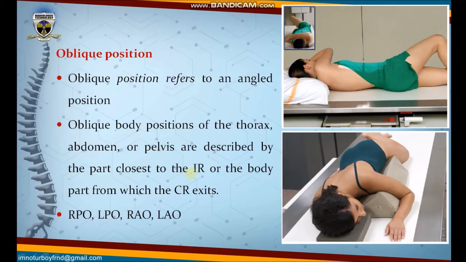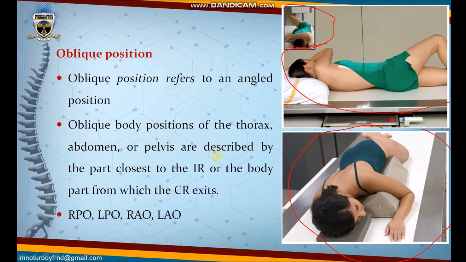Next, we have the oblique position. Oblique position refers to an angled position. As illustrated, there are pictures here, actually three, in which the patient is lying at an angle compared to the table.